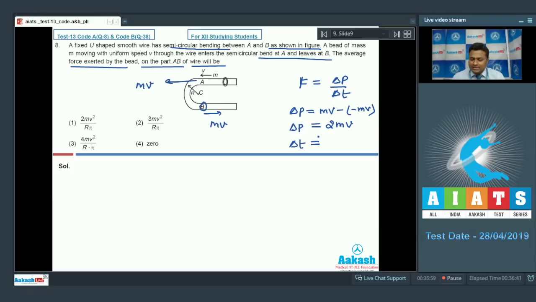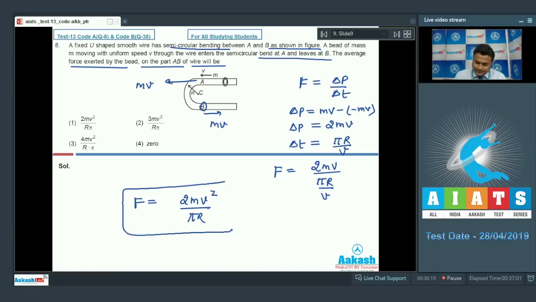Half of one cycle, that is pi r divided by v. So the net force we can calculate as 2mv divided by pi r divided by v. Solving it gets you 2mv square upon pi r.